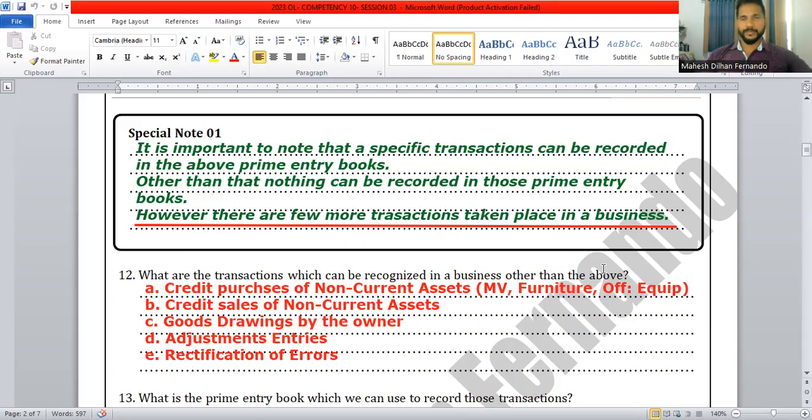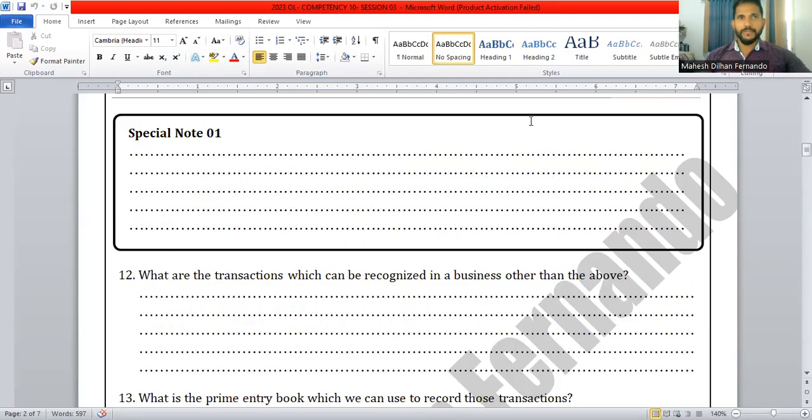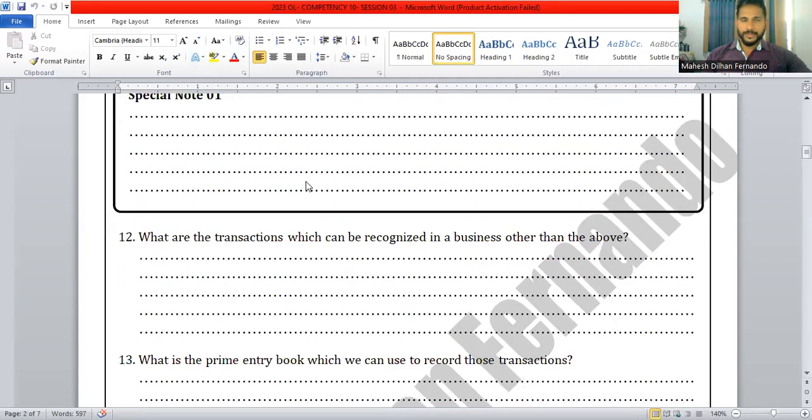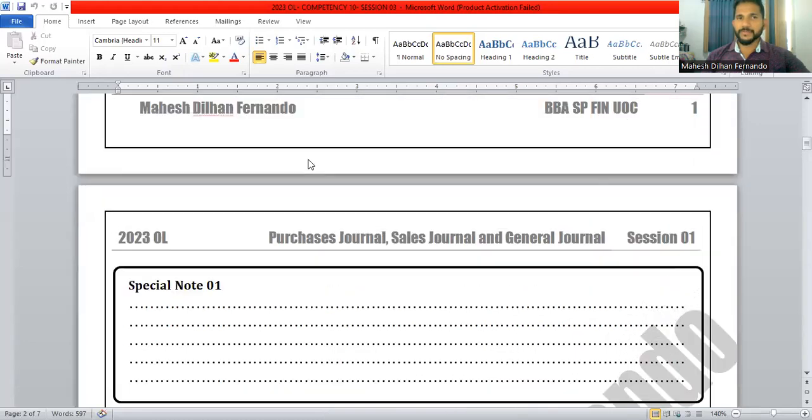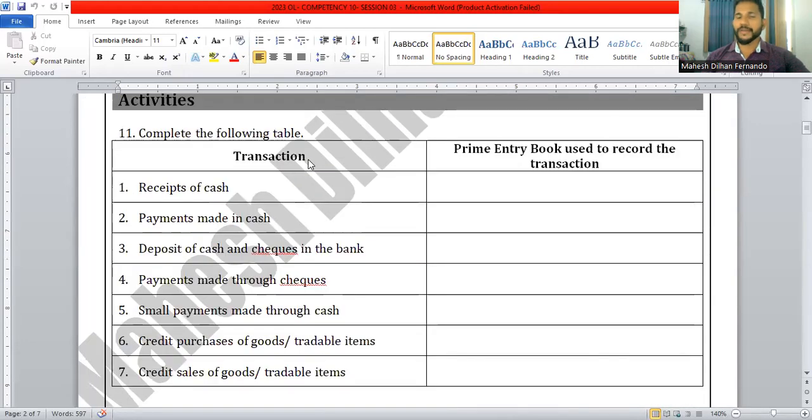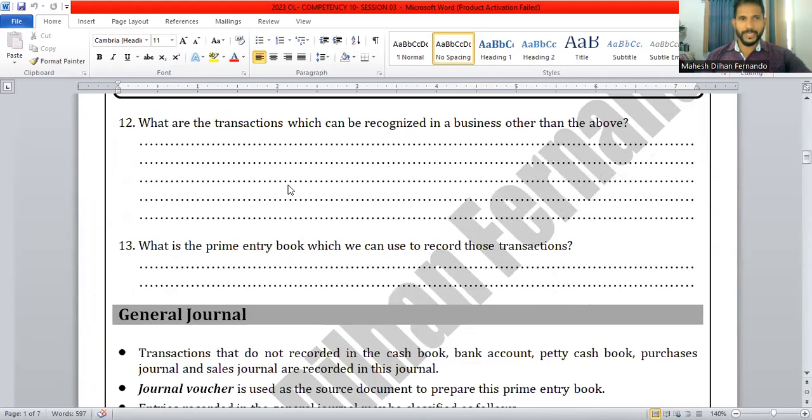Right, I'm erasing this. Then I have a question. Read the answers for question number 12 and compare it with the answer in question number 11. You will see nothing of them can be mentioned in here.